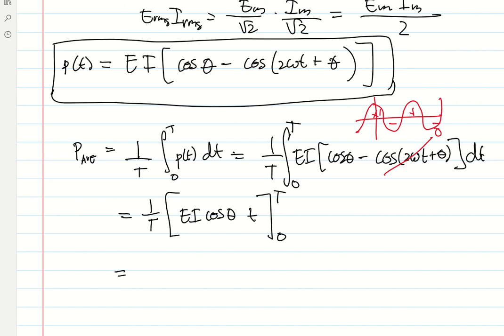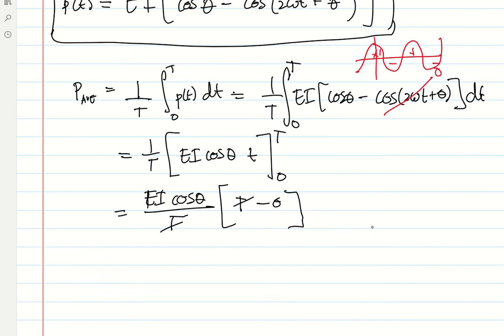So we have E I cosine theta over t, then upper limit t minus 0. And t minus 0 is just t, and we have cancelled out that t. And we have the P average now will be equal to E I cosine of theta.